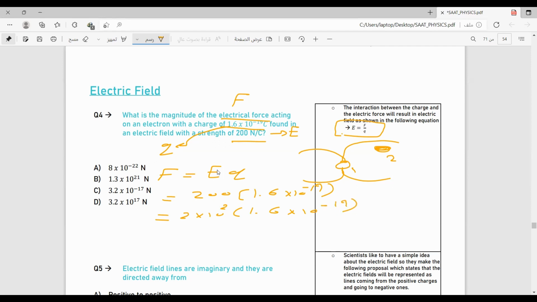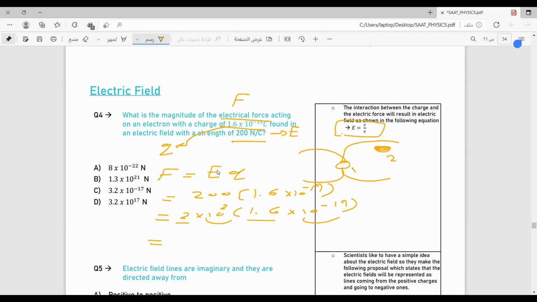And as we did previously, we notice these 2 times 1.6. We multiply 2 by 1.6, and the tens we multiply together, to make things easy.